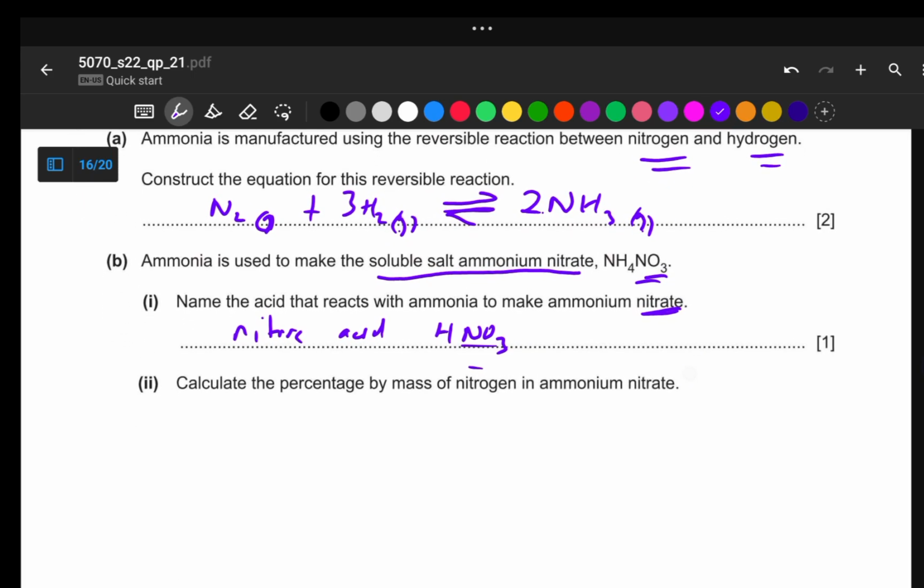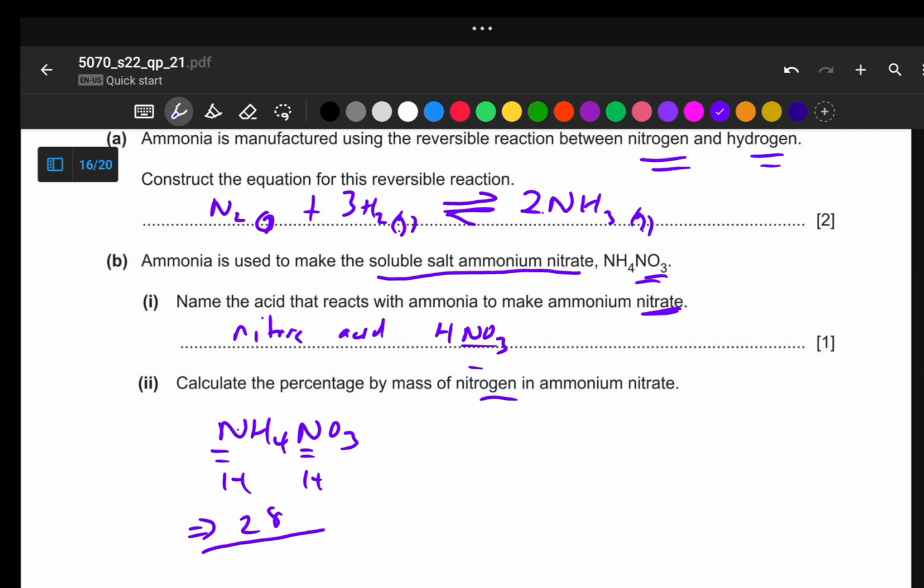And then the next part says calculate the percentage by mass of nitrogen in ammonium nitrate. So we are having ammonium nitrate. This is the chemical formula for ammonium nitrate, and you are going to simply add the total number of nitrogen. So you have 2 nitrogen atoms, right? So it's 14 here plus 14 there, and we are going to have 28 divided by the total mass of this whole compound.